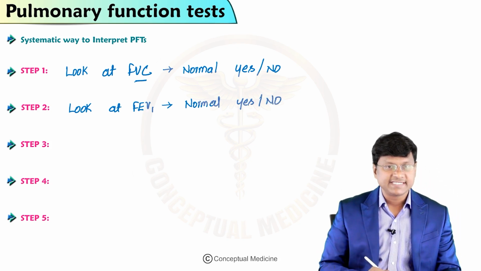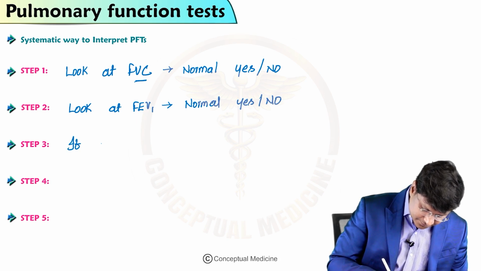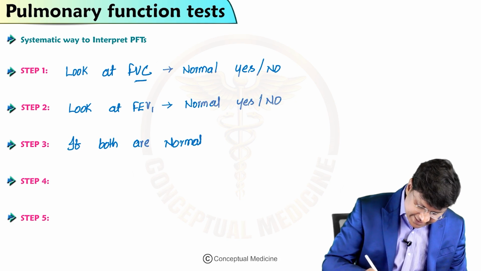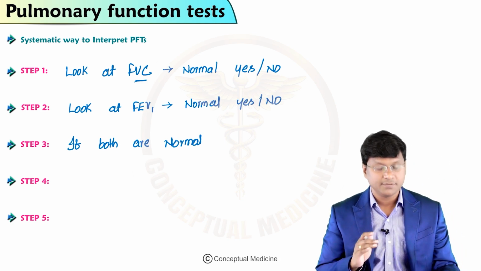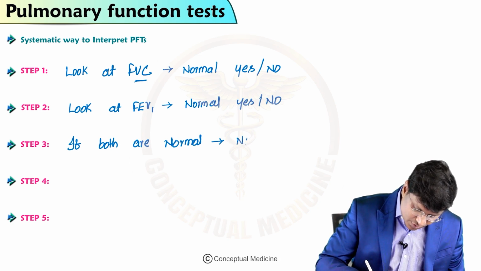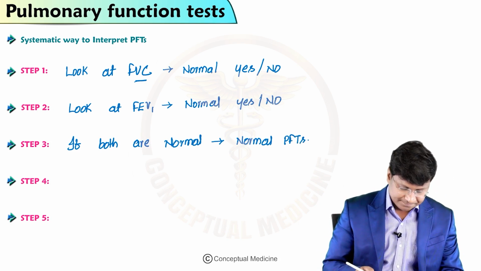Right? And step 3 is that if both FVC and FEV₁ are normal, then you need to consider it as the presence of normal pulmonary function tests. Okay, then you take step 4.